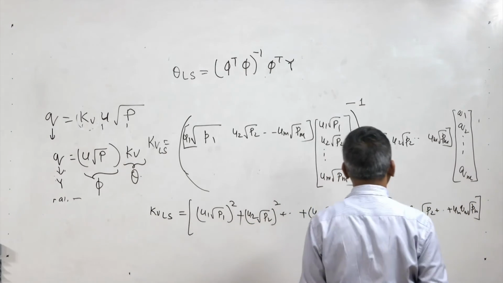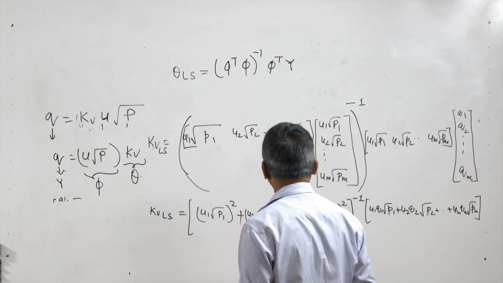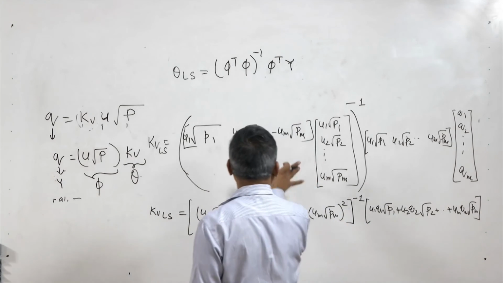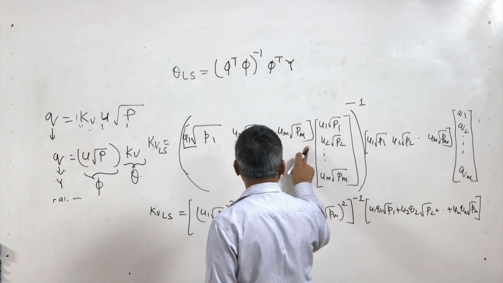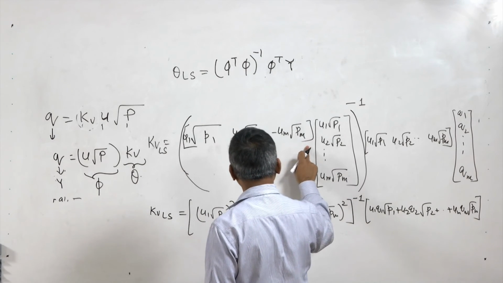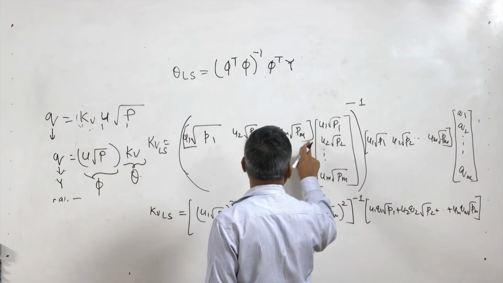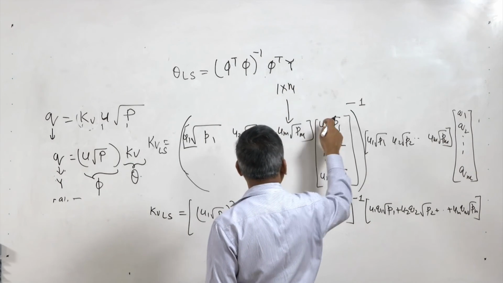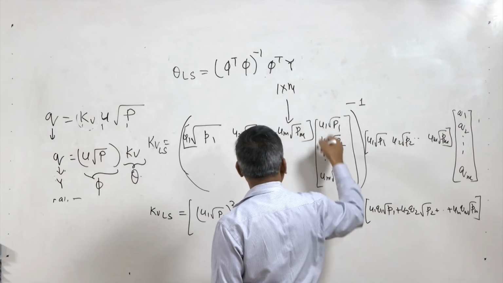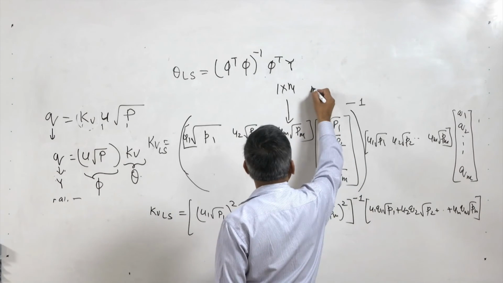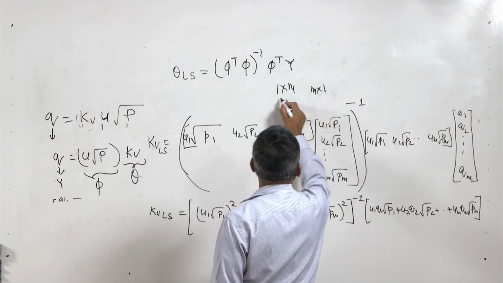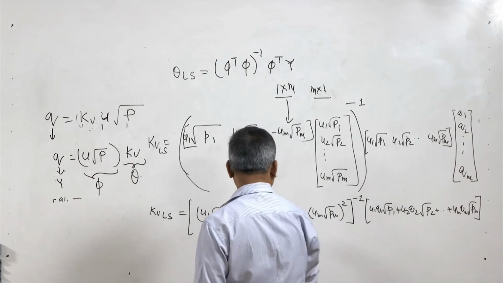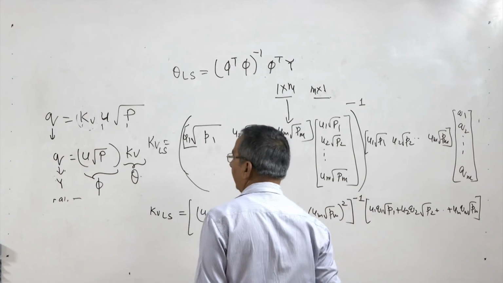This has one row and m columns, and here we have m rows and one column. So when we do the multiplication, I will get one row and one column only, that is why I am getting it like this.